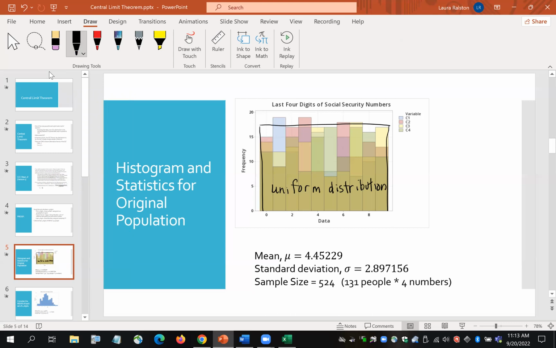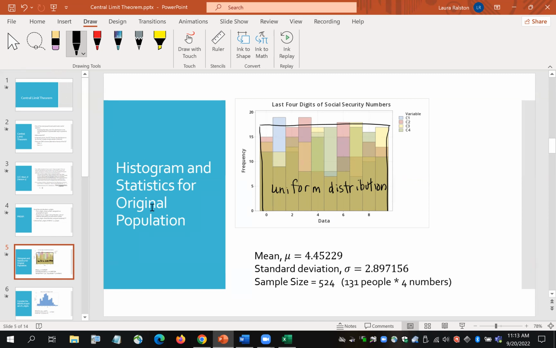If you take the mean of those 524 numbers, so you add up those 524 numbers and divide by 524, the mean is 4.45229. And then the standard deviation is 2.897156. I did those calculations in Minitab and just brought them over.